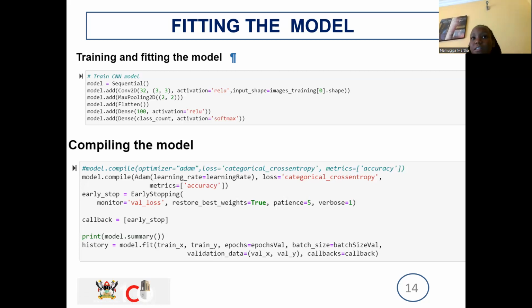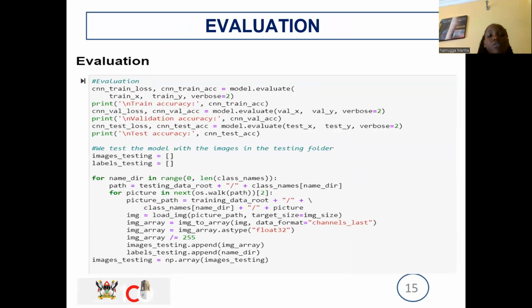So it's supposed to learn at a specific rate so that it's actually trained. So it does not memorize, but it learns. The model learns. So we have the evaluation. We are supposed to evaluate our model. Is it actually working? Here we are able to put images so that we see if our model is working.